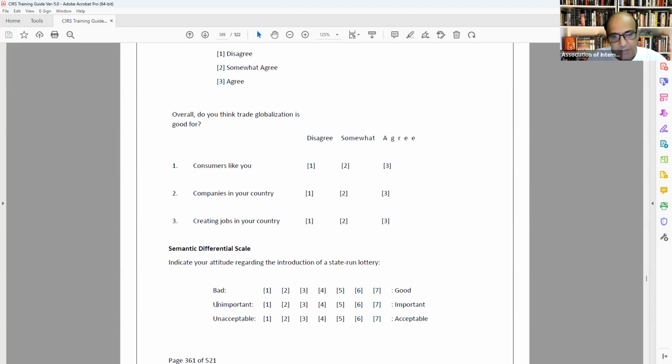So unimportant is not as good of an answer, but because it is given this thing 1, 2, 3, 4, a scale, so it sort of makes it slightly better answer. So where you have in the Likert scale, disagree, somewhat agree, and agree, and somewhat agree is troublesome, you can convert this into a differential scale also. So to make it appear like this.